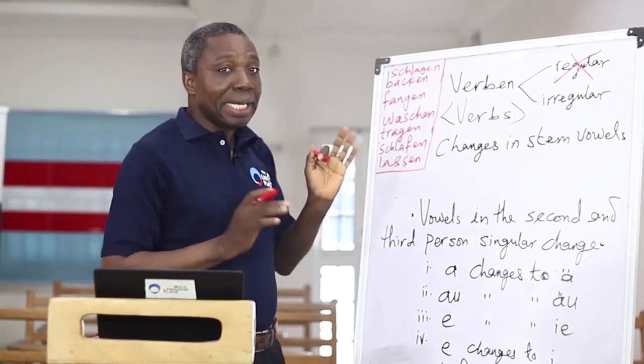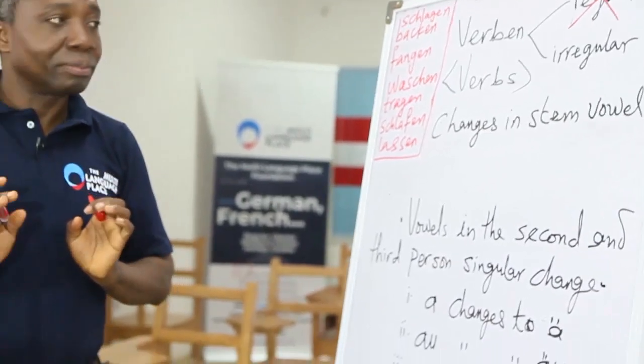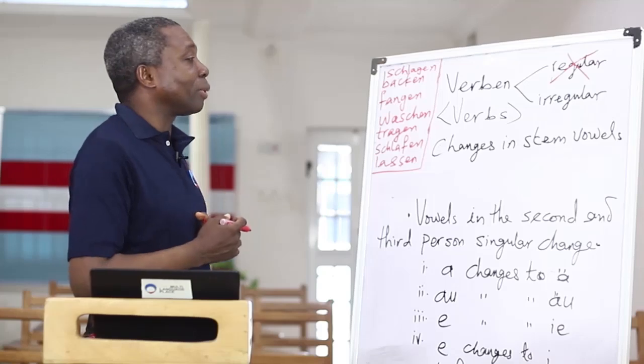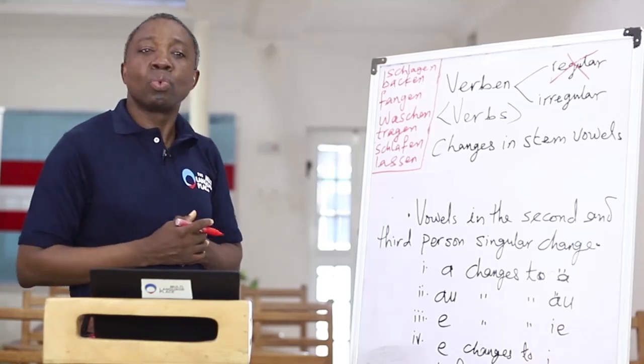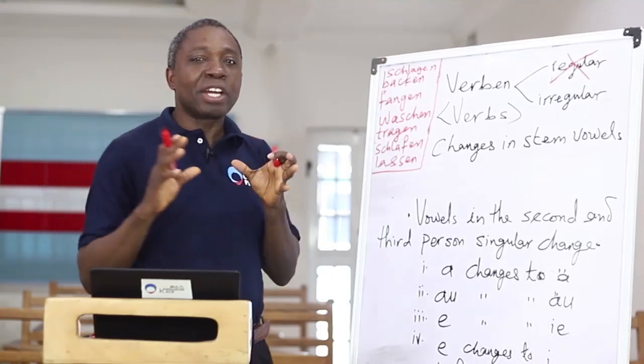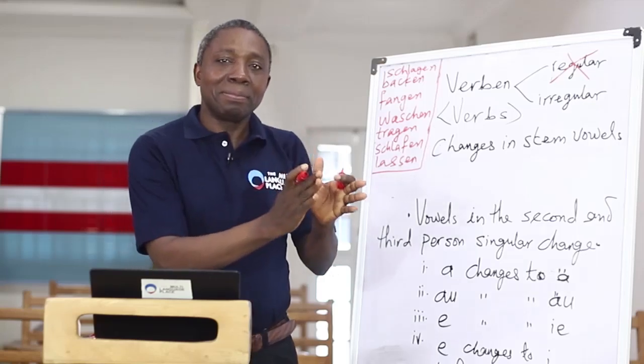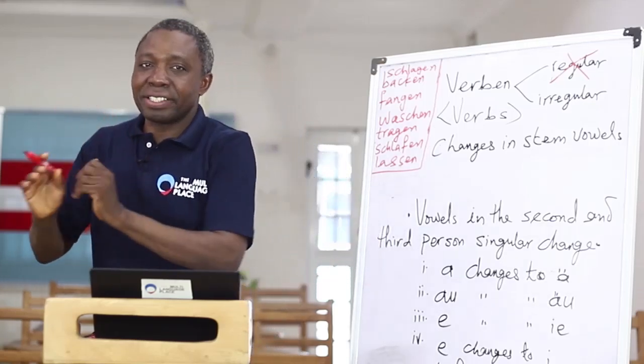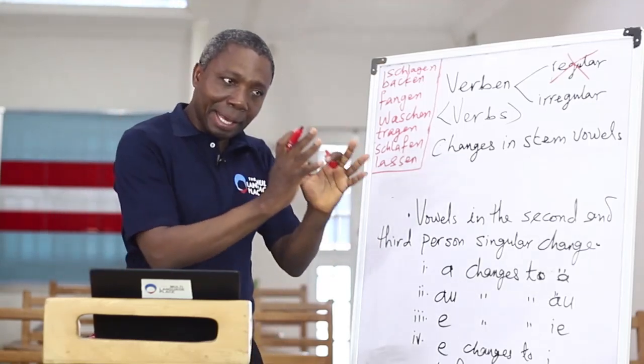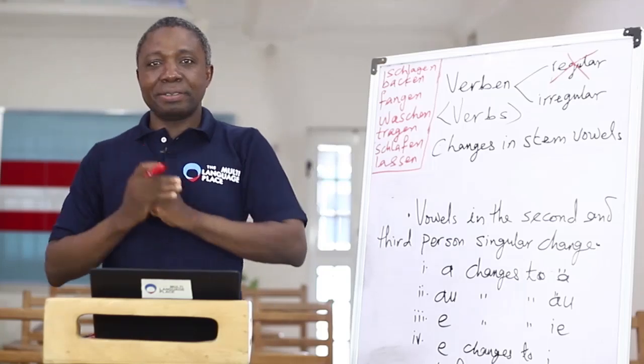Now just to remind you, most of the verbs in German are made up of a stem and an ending. So there are two parts. There is the stem, there is the ending.